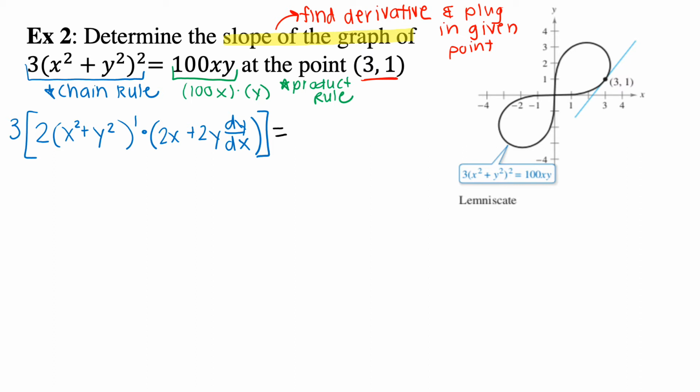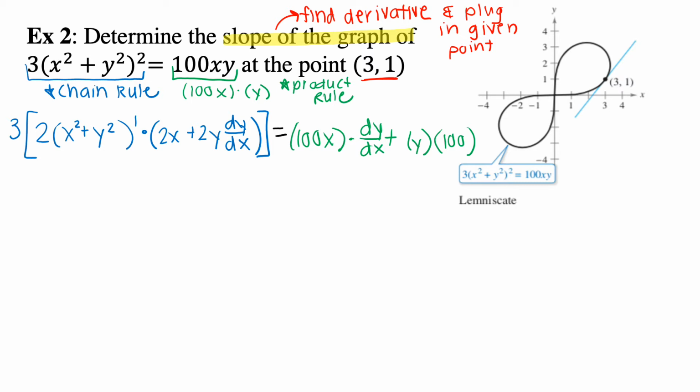So taking that derivative, we would have our first, 100x, times the derivative of y with respect to x, dy dx, plus our second, which is y, times the derivative of our first, and the derivative of 100x would just be 100. So there we have the chain rule from the left-hand side and the product rule from the right-hand side. That's all of the differentiating.